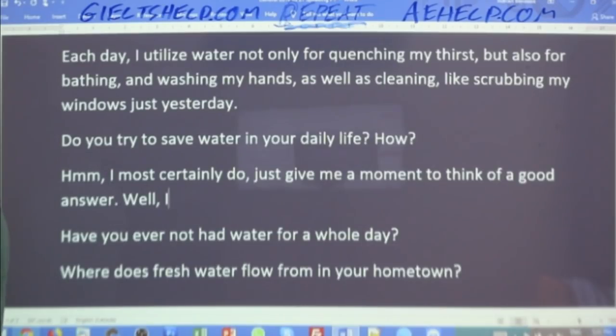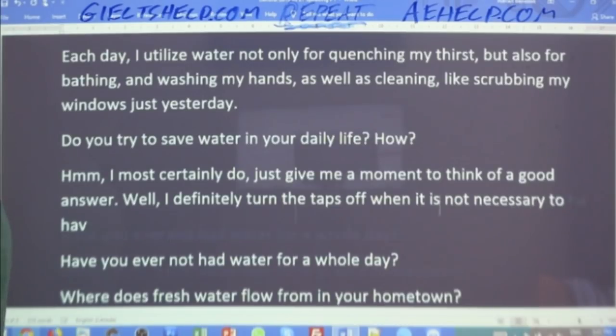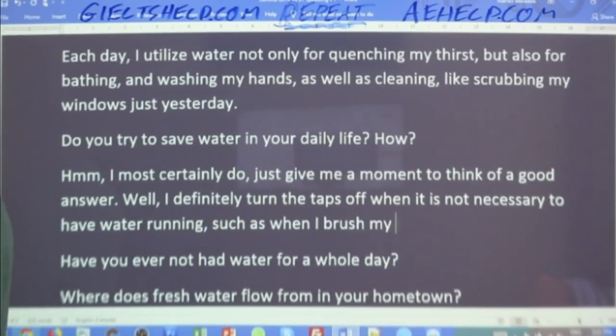Well, I definitely turn the taps off when it is not necessary to have water running, such as when I brush my teeth.